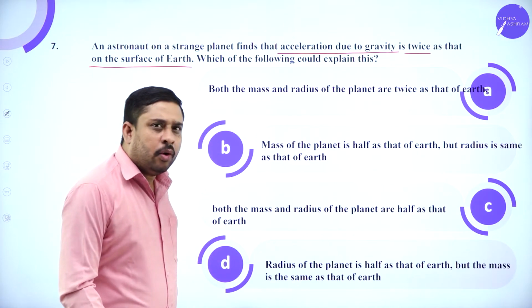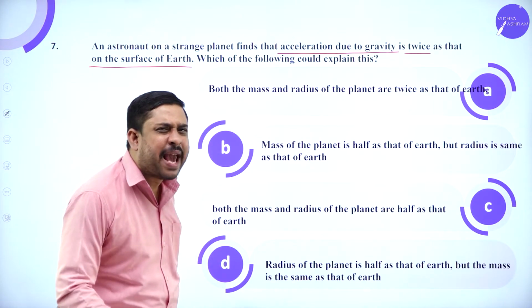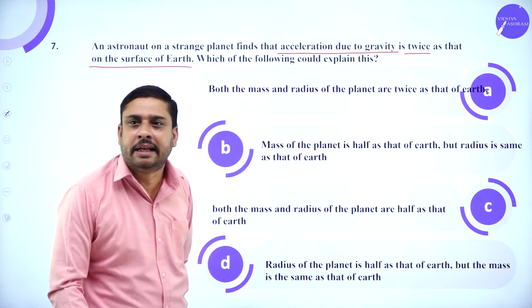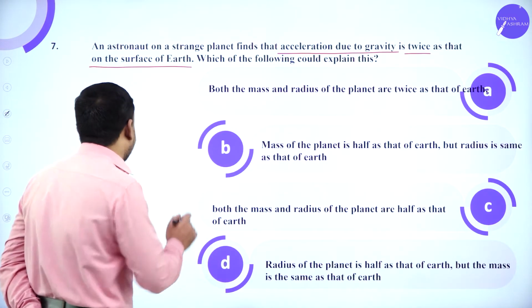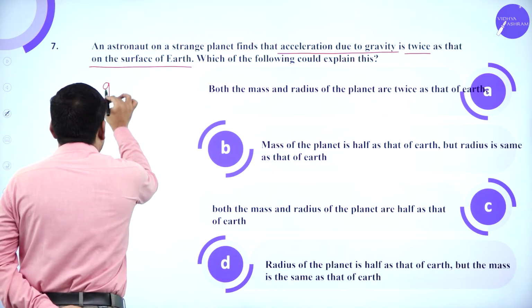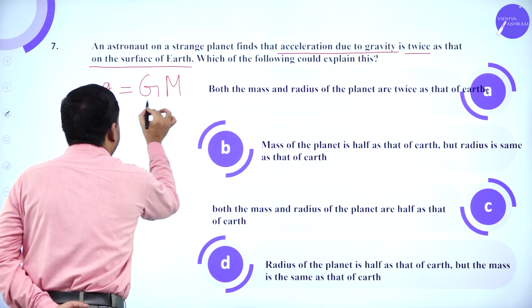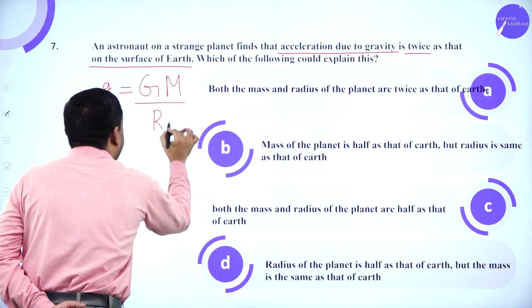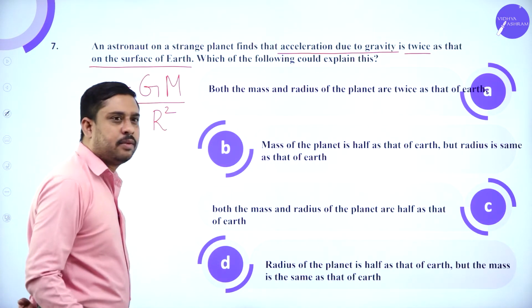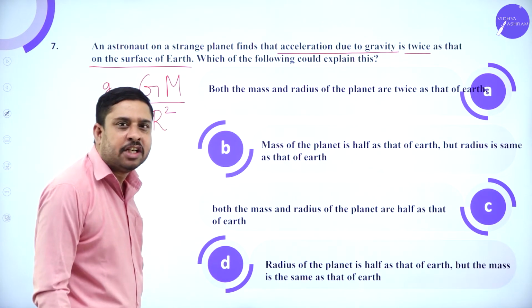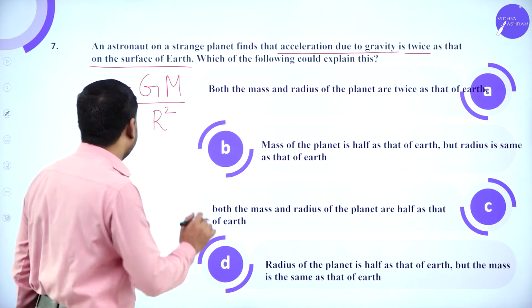Now, what is the basic expression for acceleration due to gravity? Small g is capital GM divided by r square, where G is the gravitational constant.